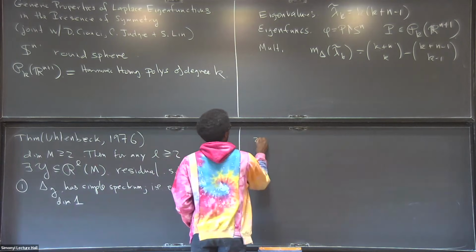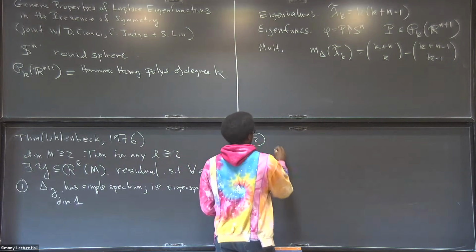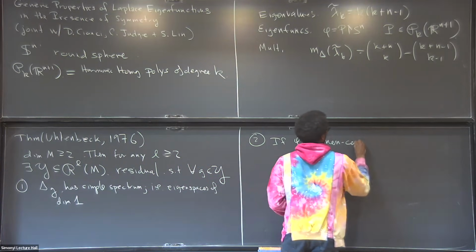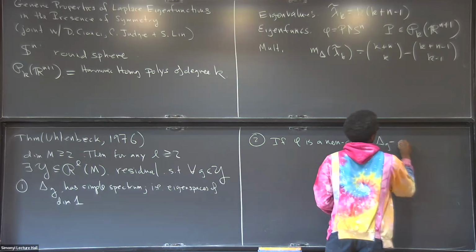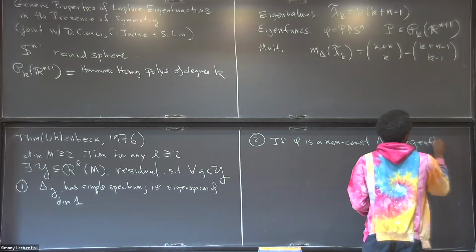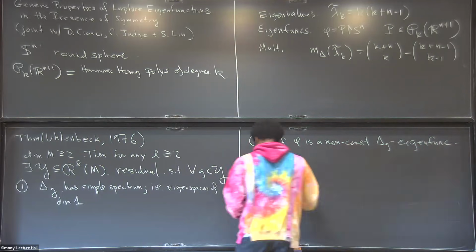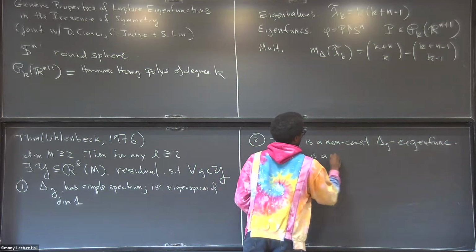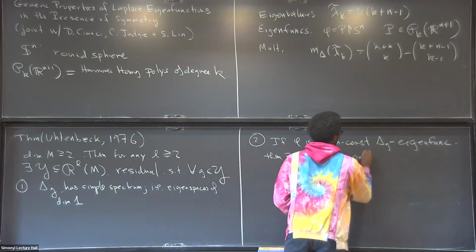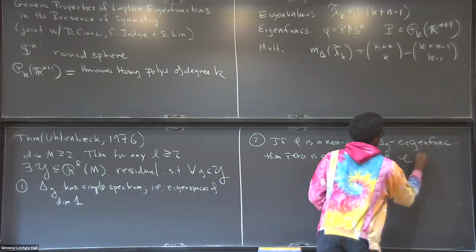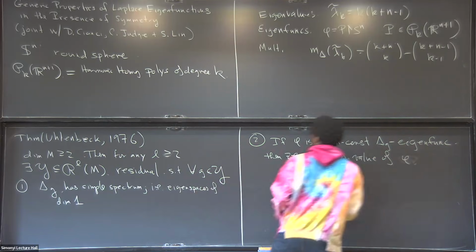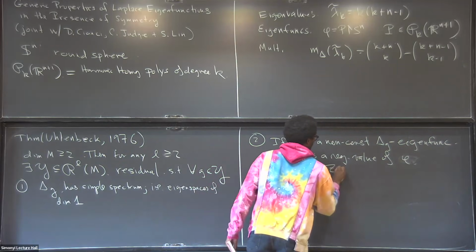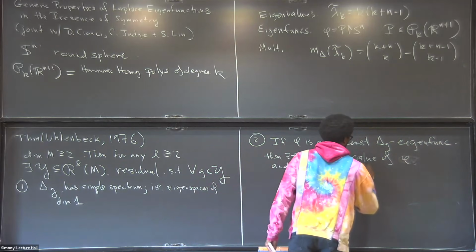Two, if phi is a non-constant delta_g eigenfunction, then 0 is a regular value of phi, and therefore its nodal set is a hypersurface.